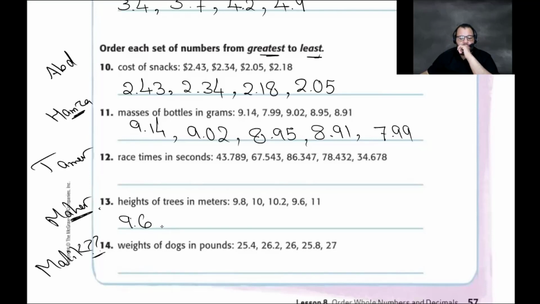What is the answer? You didn't give me anything. 9.6. The next is 9.8. We need to arrange from the greatest to the smallest.